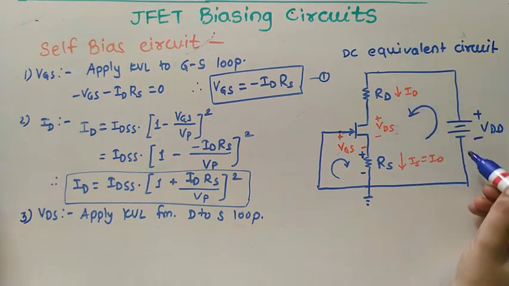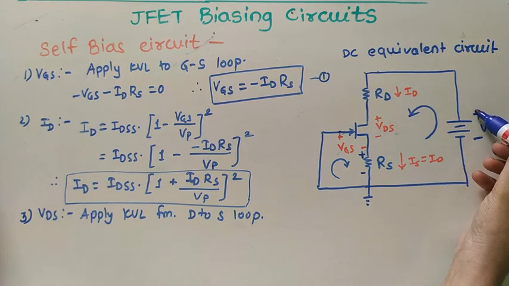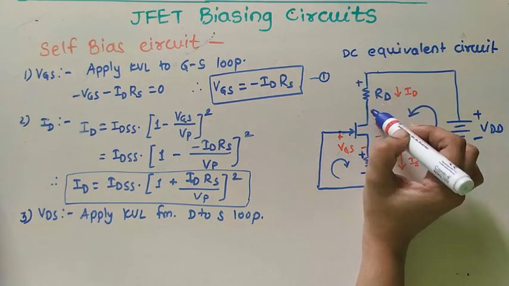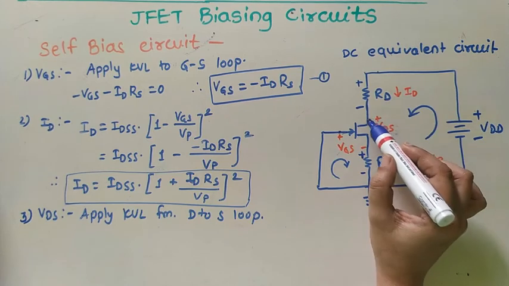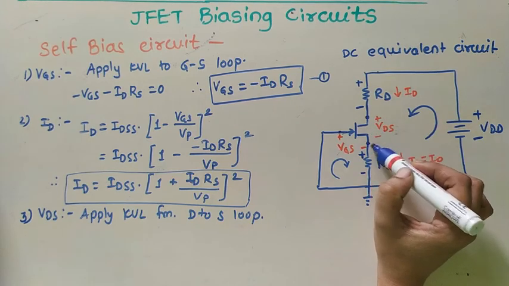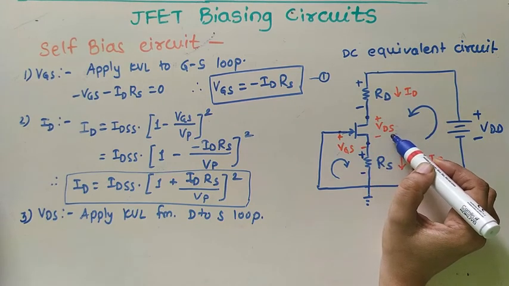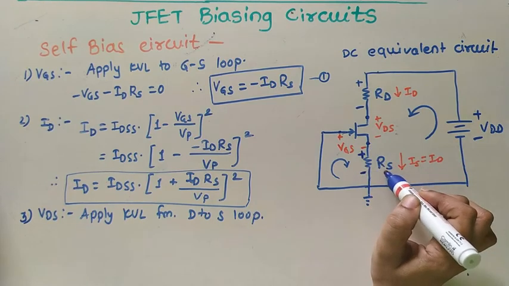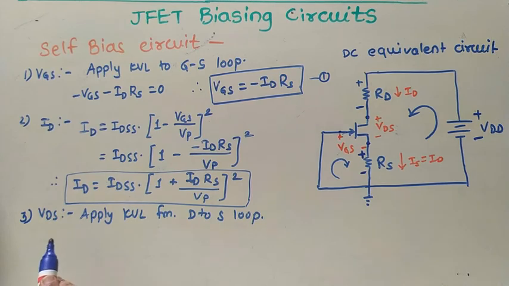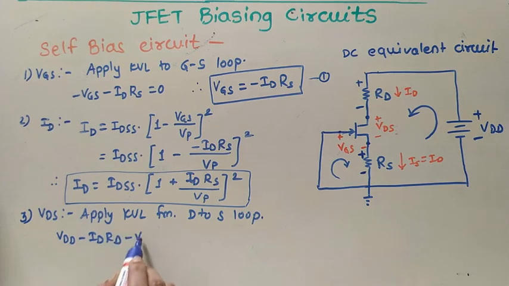So first voltage drop will be plus VDD, then next voltage drop across this RD, it is minus ID into RD. Next voltage drop between drain and source, it is minus VDS. Again next voltage drop, minus ID into RS. So after applying KVL, we'll have VDD minus ID RD minus VDS minus ID into RS is equal to 0.